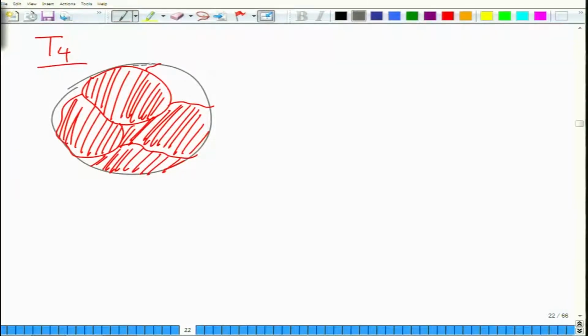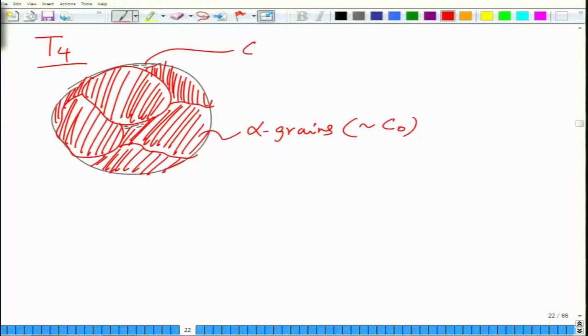So, you might have some liquid here, you might have some liquid here, and mostly it is solid. These are called grains of solid. So, this is solid grains, alpha grains of composition nearly C naught, and you have some liquid of composition CL.